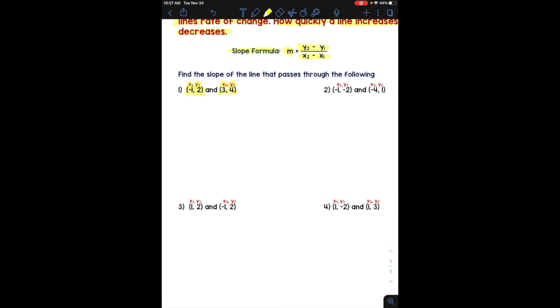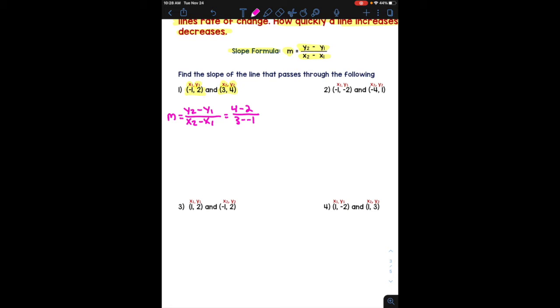And the second point, 3, 4, since it's the second point listed, that would be our x2 and our y2. So when we put them into the formula, m equals y2 minus y1 over x2 minus x1, in this case, we'll get 4 minus 2 divided by 3 minus negative 1.